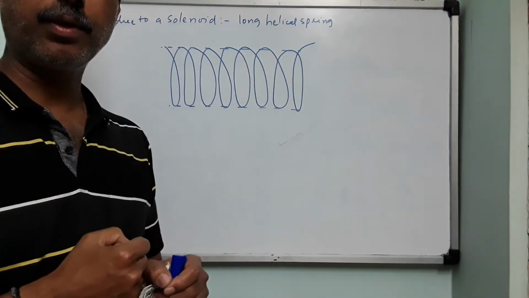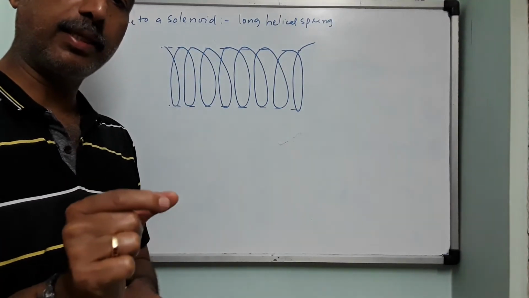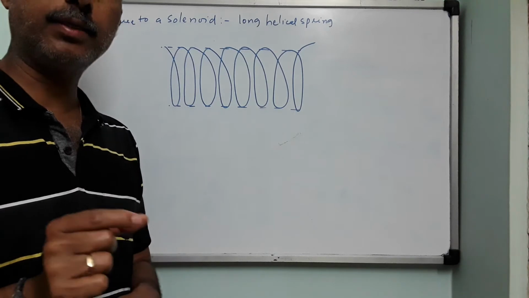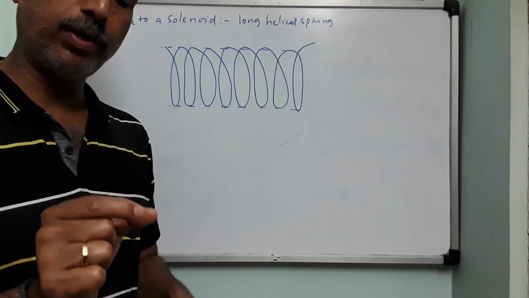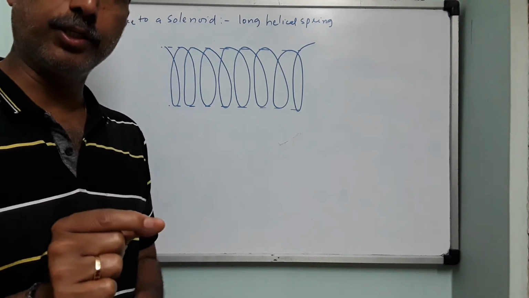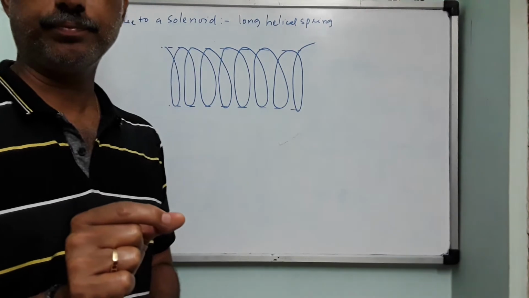That is the reason why we select 1 centimeter length on the rheostat. At least we can count, with some effort, the total number of turns available in 1 centimeter.